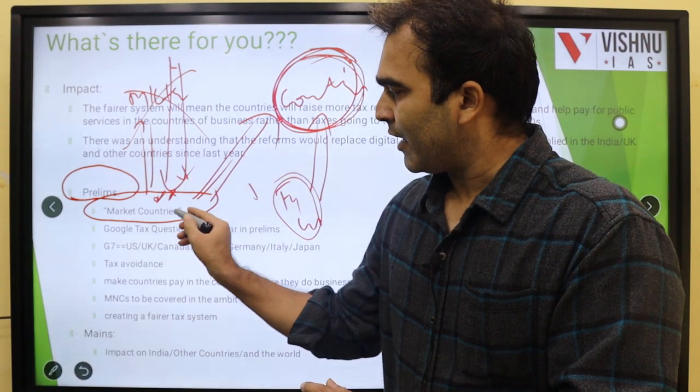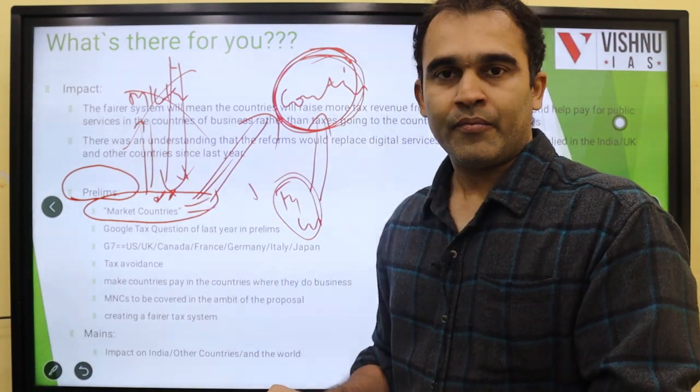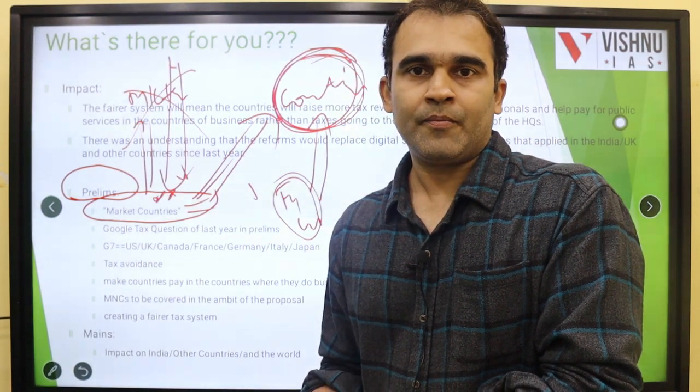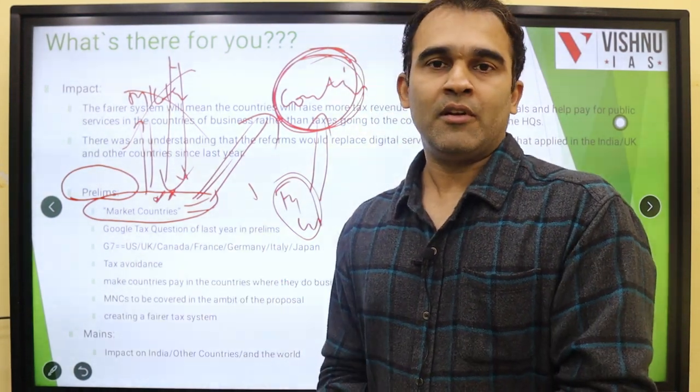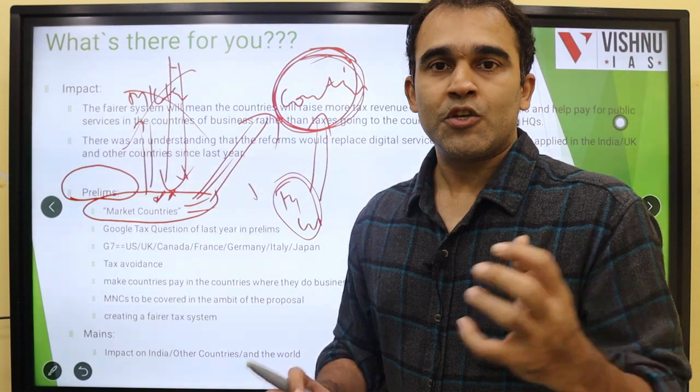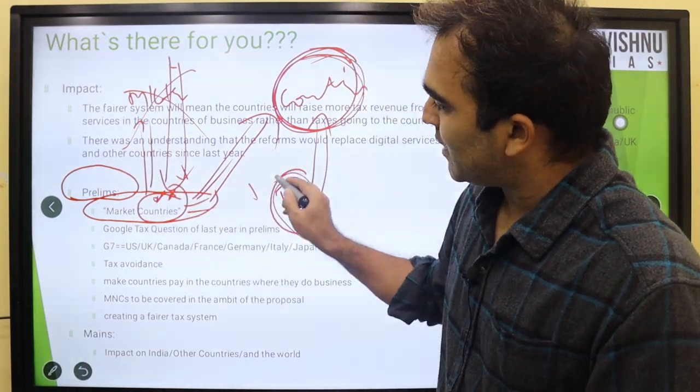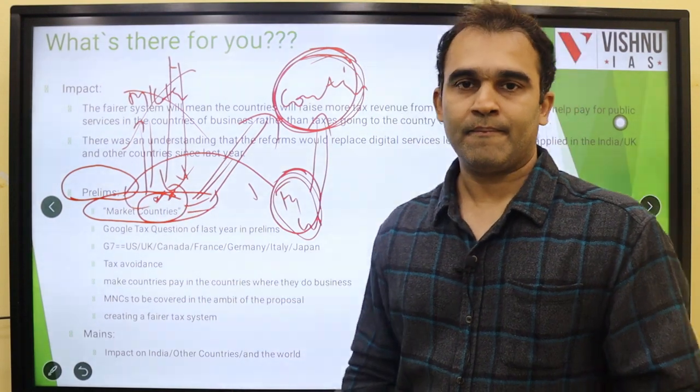The idea is that the taxation right, or the share of the government's due taxes, should be given to those countries where these digital companies have a market.